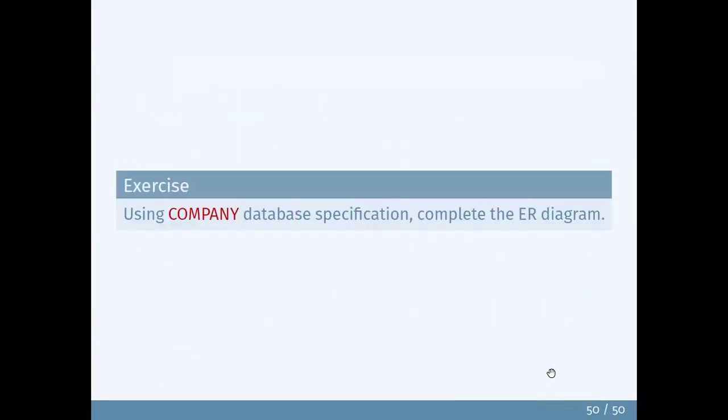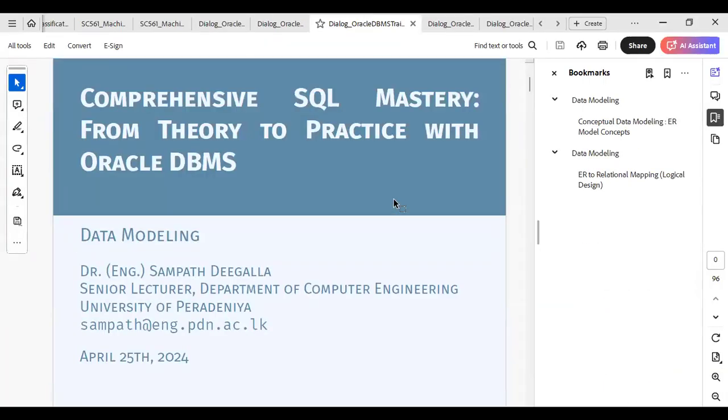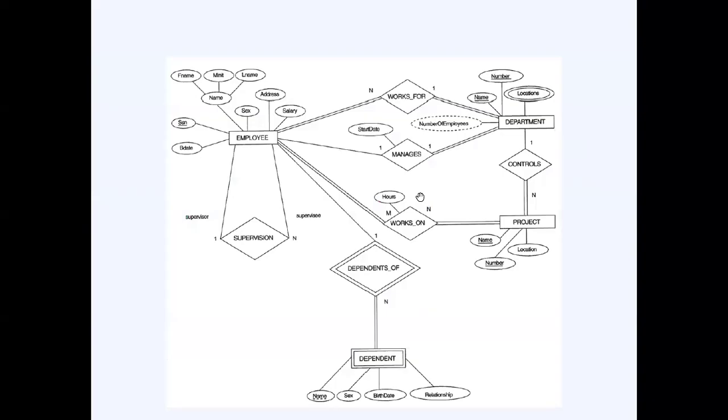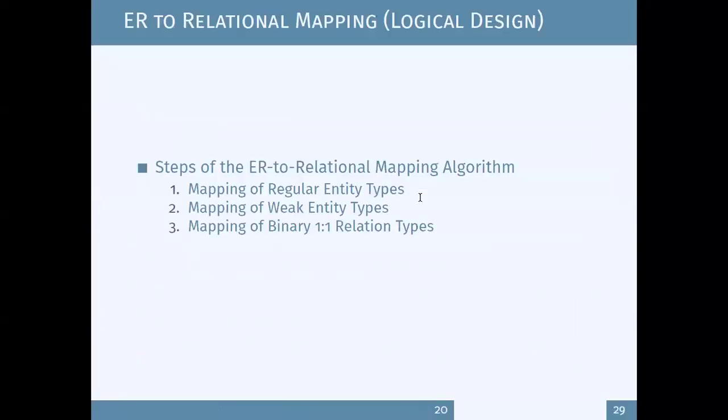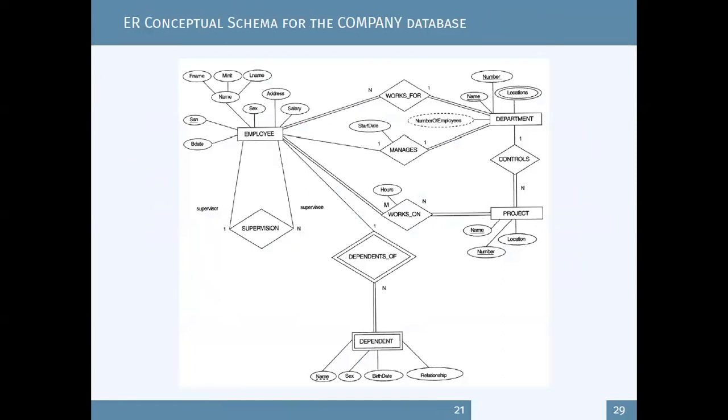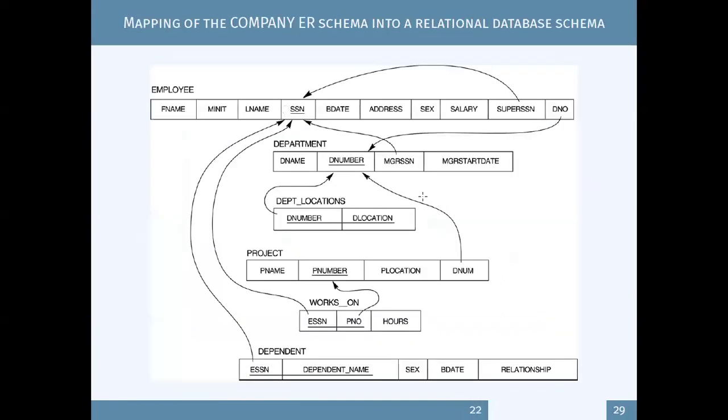Given an ER diagram, we discussed how to convert it into the logical model, that is, how to convert this conceptual model, the ER diagram, into what we normally call a relational schema like this. That means converting your conceptual model to this.